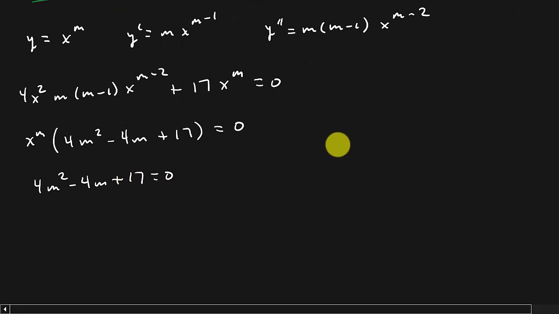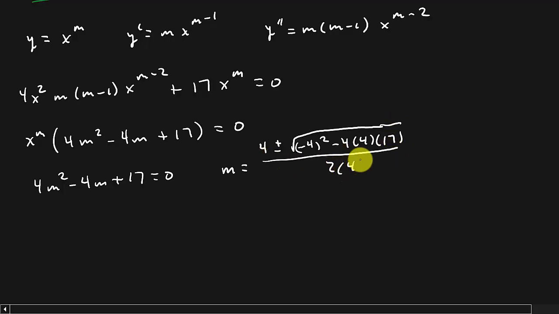All right, so now I've got 4m squared minus 4m plus 17 equals 0. And we have to solve for m. This is not going to factor, so we have the quadratic formula. So m is equal to negative b, so that would be a plus 4, plus or minus the square root of b squared minus 4 times a times c, all over 2 times a.